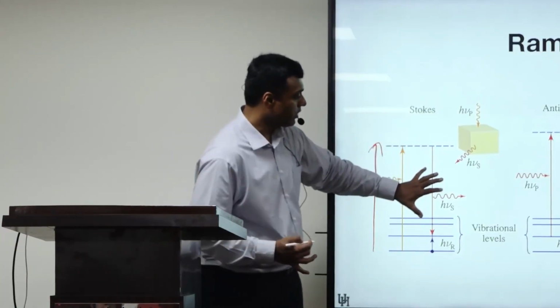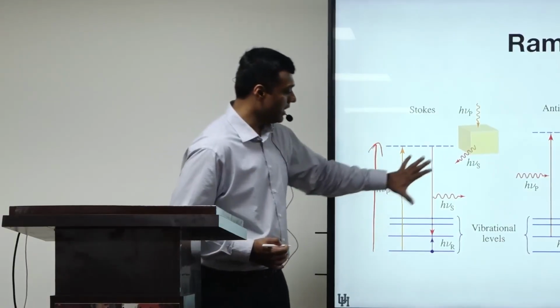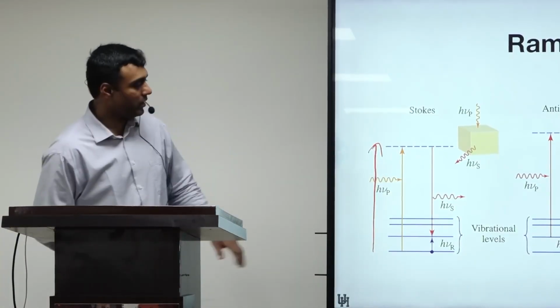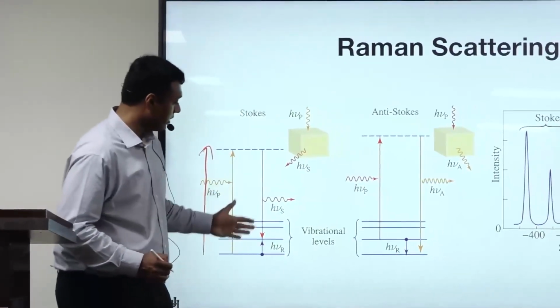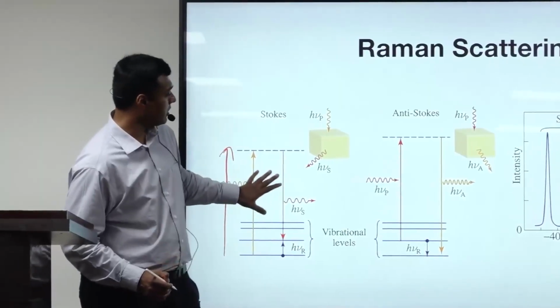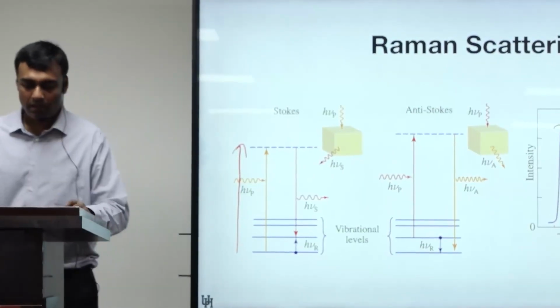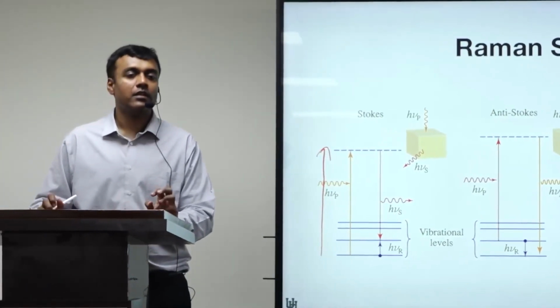This wavelength could be shorter or longer. If it's shorter, it's anti-Stokes; if it's longer, it's Stokes. Here a higher energy photon comes out, and here a lower energy photon comes out. This is Stokes, anti-Stokes Raman scattering. So that's the nature of Raman scattering.